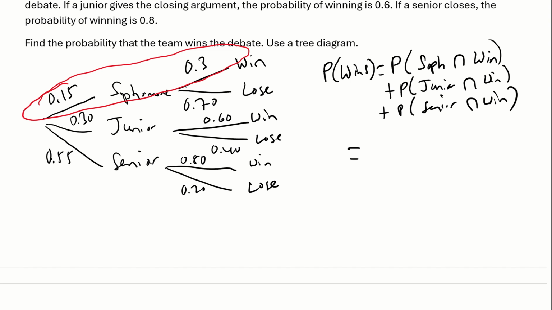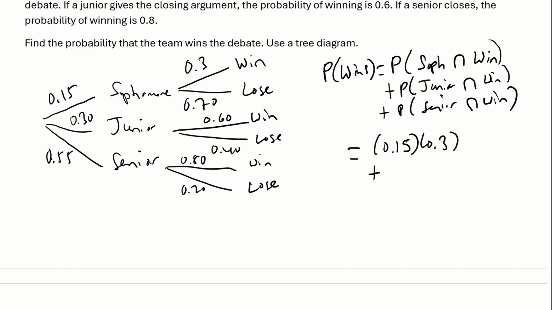So that's multiplying those two together, okay? So 0.15 times 0.3. Sorry, I gotta multiply those. Now, plus, now junior and win. So that's gonna be junior and win. So 0.30 times 0.60. All right.